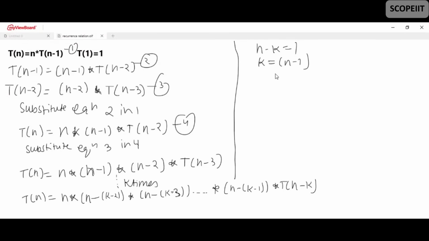So now if we replace here, then T of n is equal to, this n minus k term will become 1, and the remaining is n into n minus 1 into n minus 2, and so on it will be left.